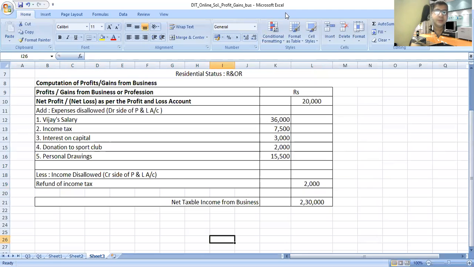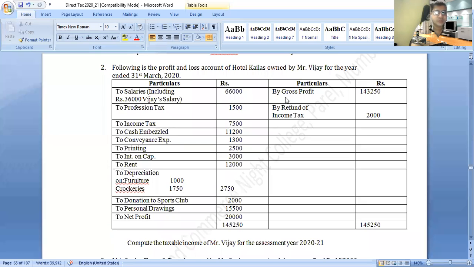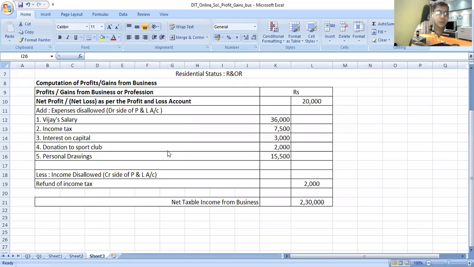If you see our problem, we have discussed all the items. There is no item remaining. So what we have to do now is calculate the total taxable value of income. First of all, we have to find the inner column total.